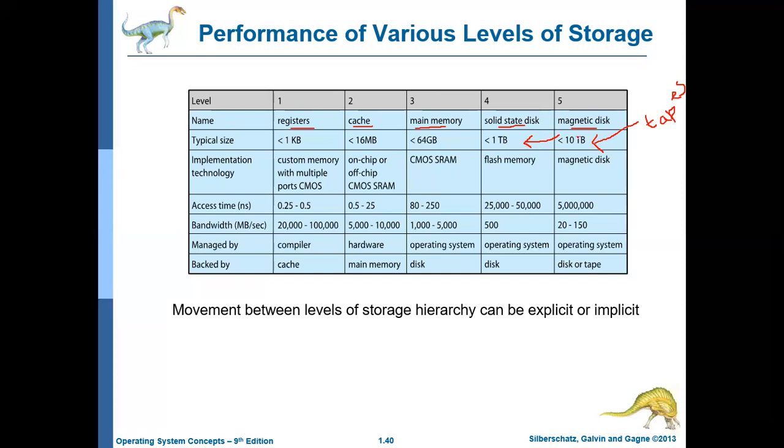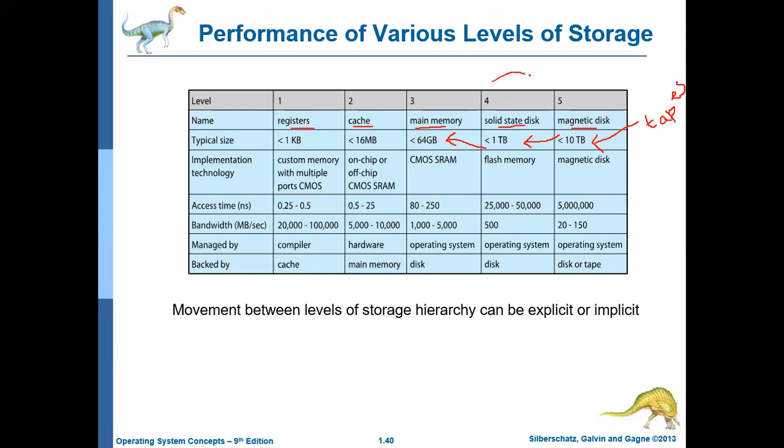Similarly, the most frequently used content of tapes will be copied to magnetic disk, the most frequently used content of disk will be copied to solid state disk, and the most frequently used content from solid state disk will be copied to main memory.